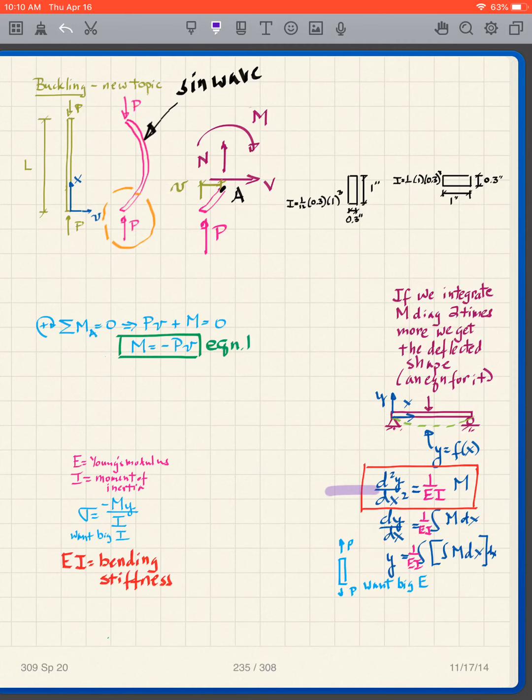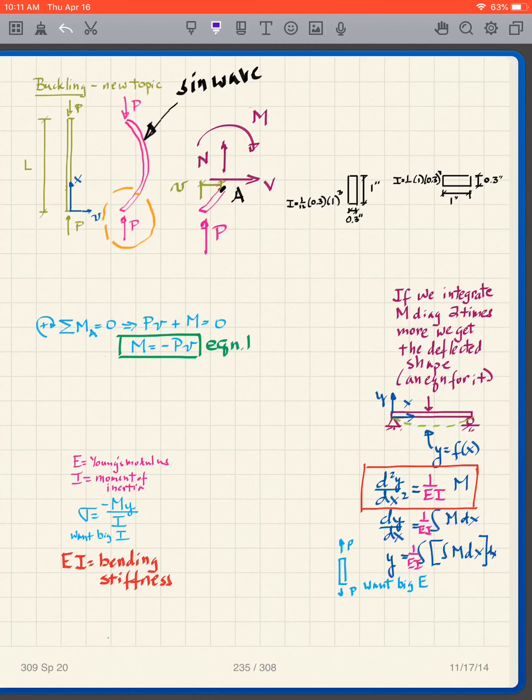In other words, if this is true, then integrating it once, I get dy/dx is 1 over EI times the integral of m dx. I integrate it again, and I get that y is equal to the integral of m dx times 1 over EI.